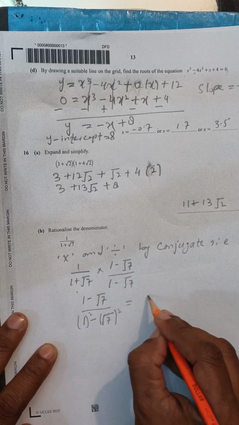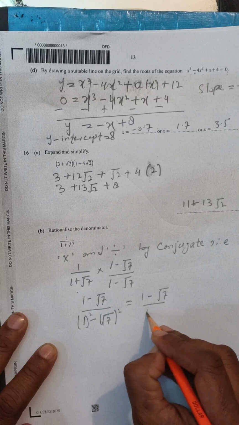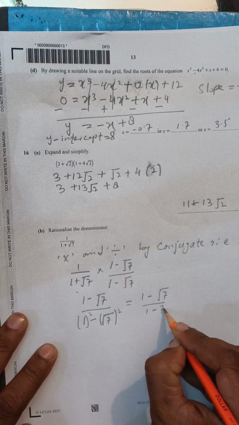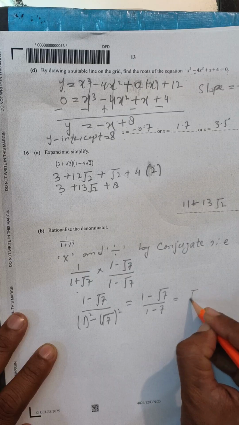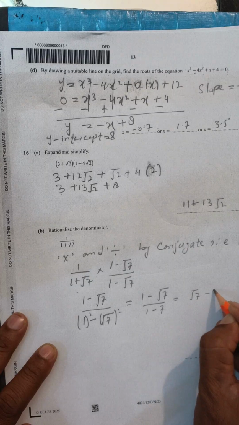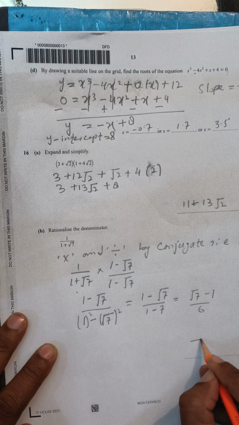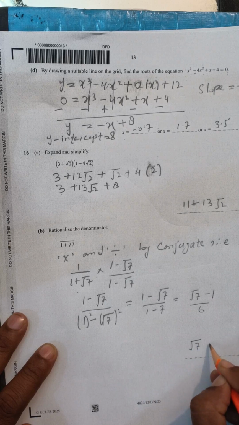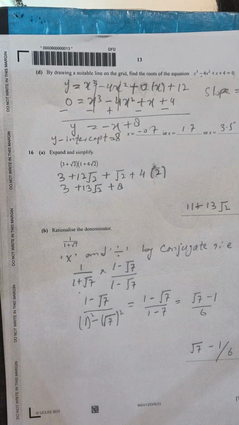So you will have 1 minus square root 7 divided by 1 minus 7. Finally you will have square root 7 minus 1 upon 6. Okay, so square root 7 minus 1 upon 6 is your answer.